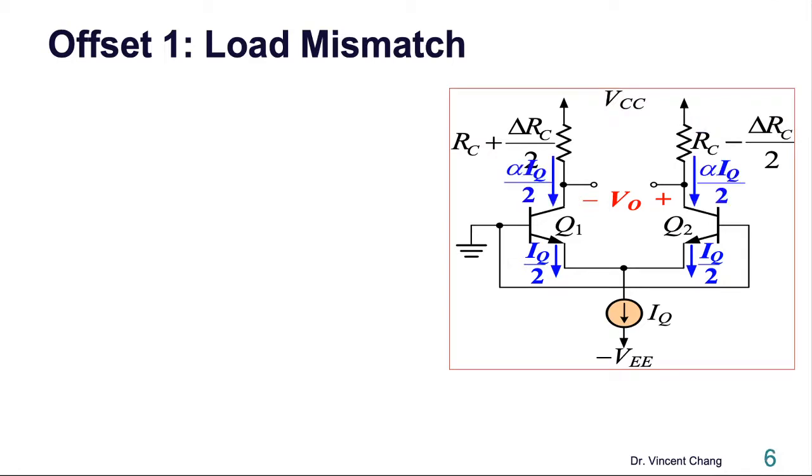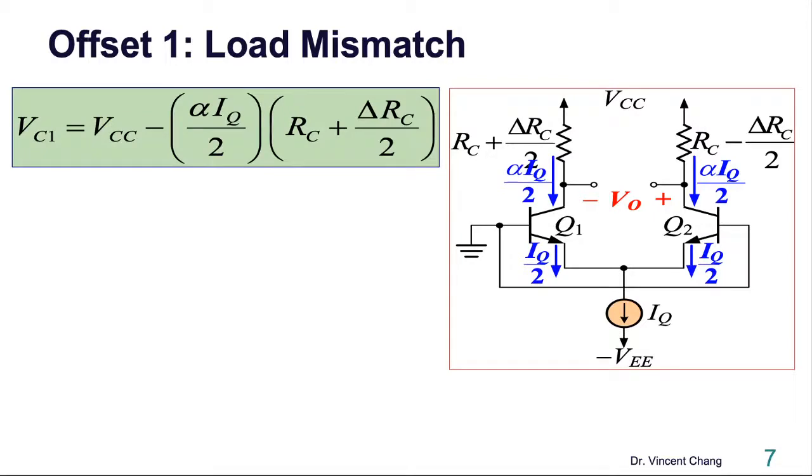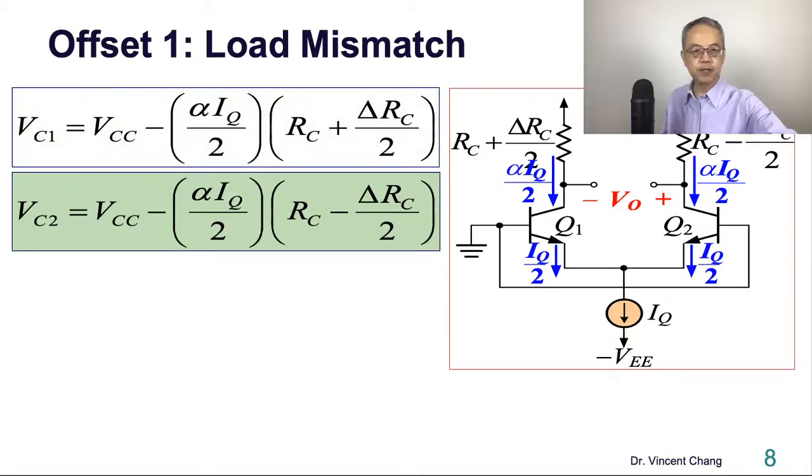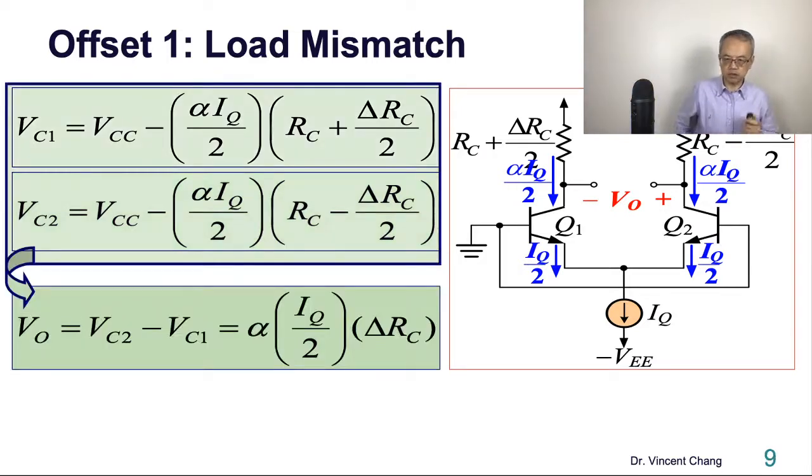And then you get the output voltages on the left and right, VC1 and VC2. Then you get the differential output: right minus left, VC2 minus VC1.